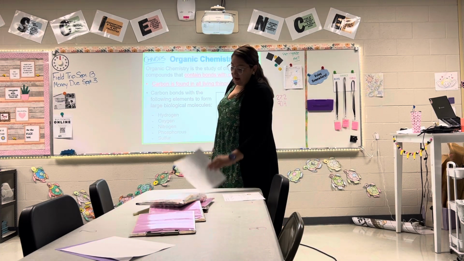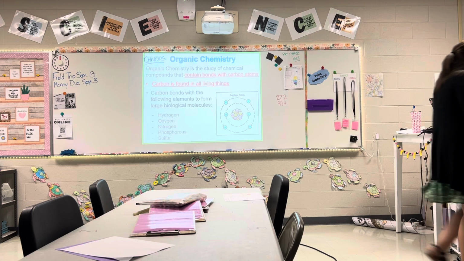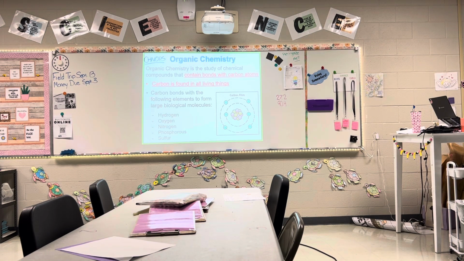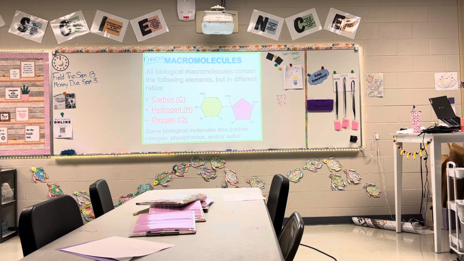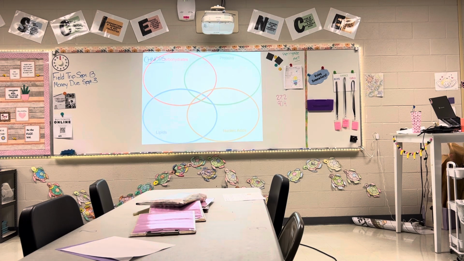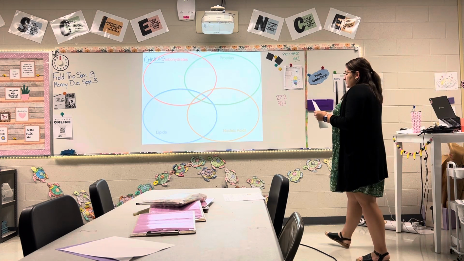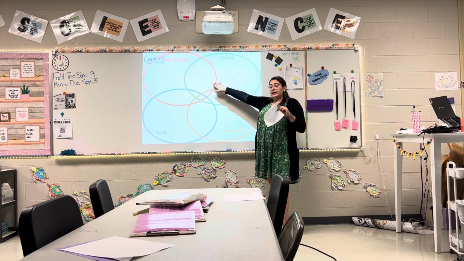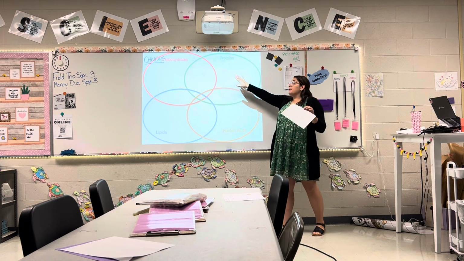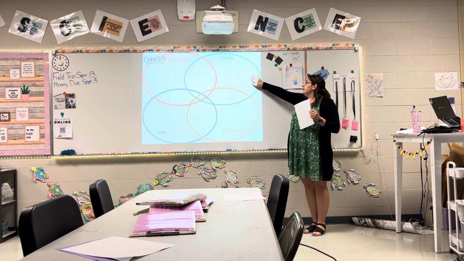All right, so now that we're done with our lecture, we're gonna build the macromolecules, or we're gonna see what you remember about the macromolecules. So in front of you, when you walked in, you got a sheet of monomers. So on your sheet of monomers, I want you to color all the monomers that make up carbohydrates red. I want you to color the monomers that make up proteins green.